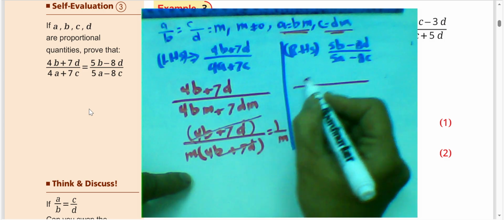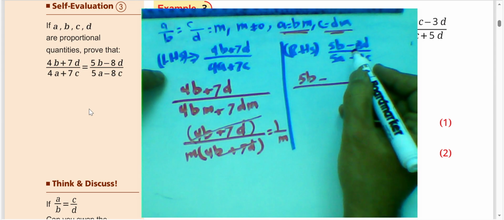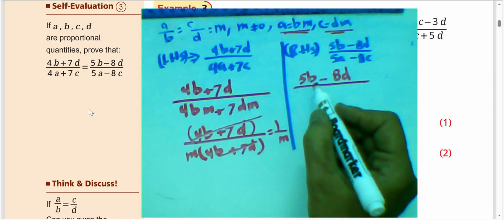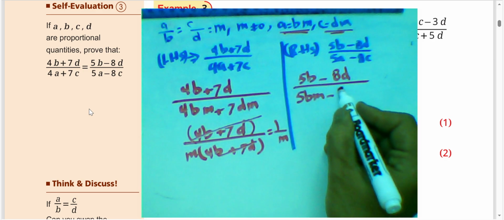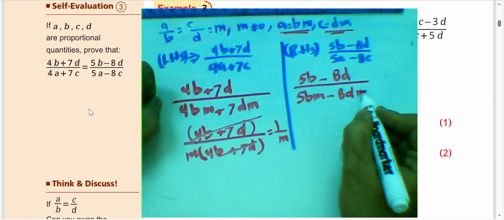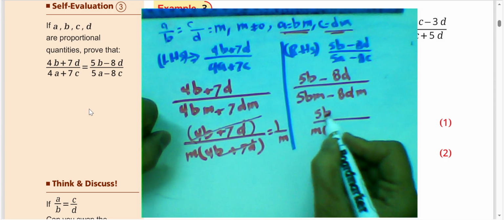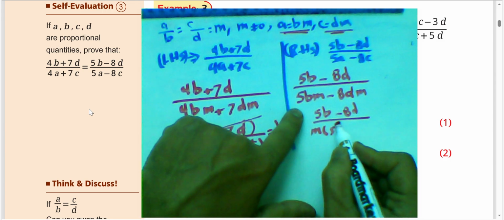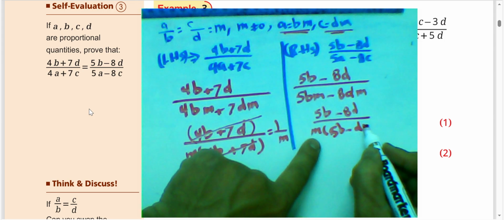And here the right hand side: 5b subtracted by 8d, over 5 times a, which is 5bm, subtracted by 8 times c, which is 8dm. Now the factor m is repeated in the denominator and the numerator is the same: (5b - 8d) over m times (5b - 8d), dividing by m.